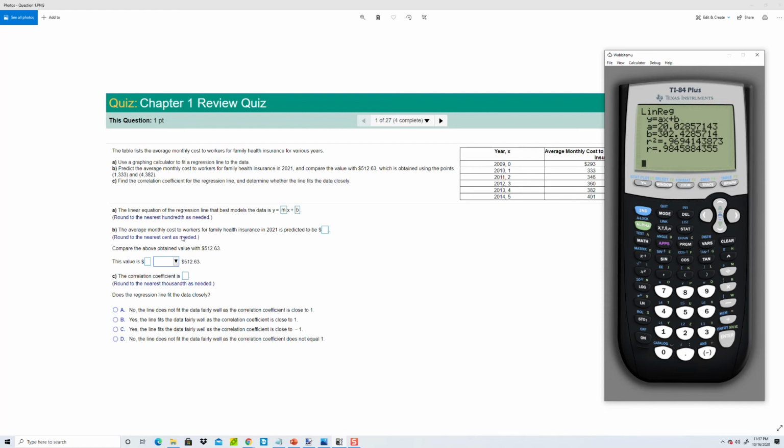Okay. Now it says the average monthly cost of workers for family health insurance in 2021 is expected to be. Well, we need to plug x into this equation here. And I need to write down that equation, because it's about ready to go away.